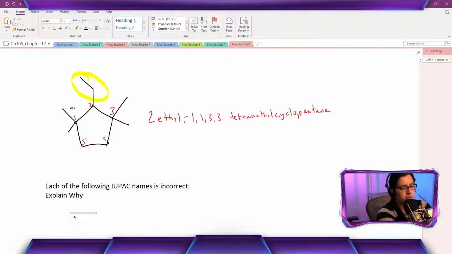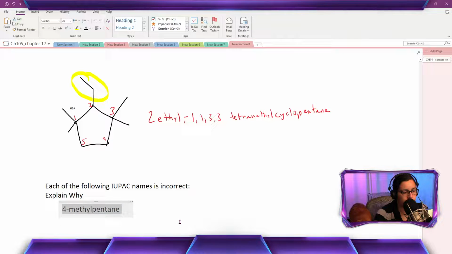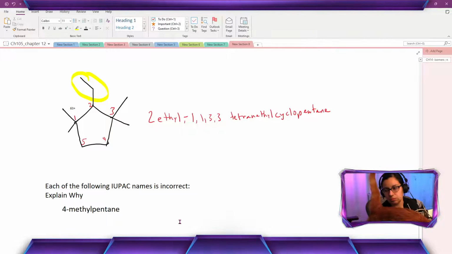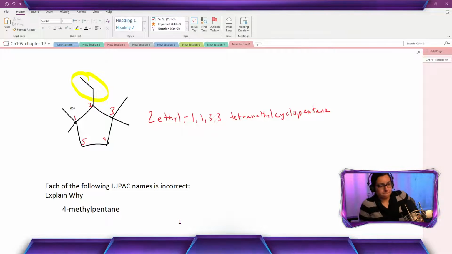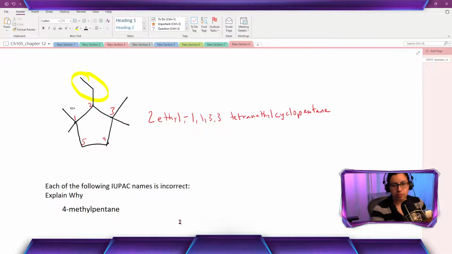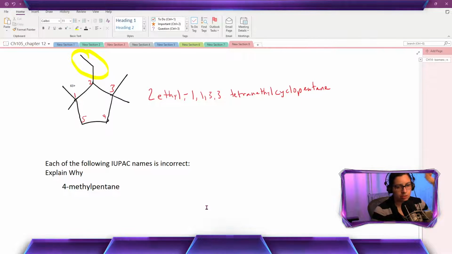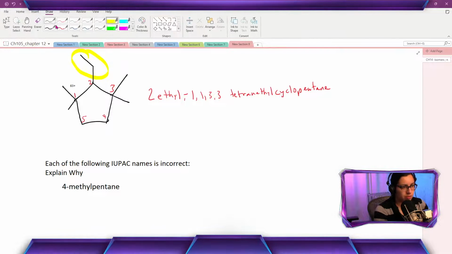Oh, so let's just start with 4-methylpentane. So what's wrong with that one? I'll just draw it out.